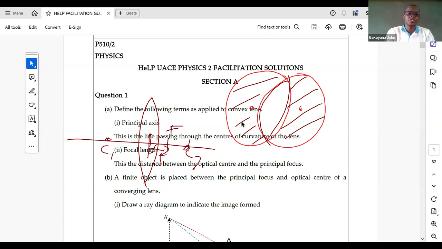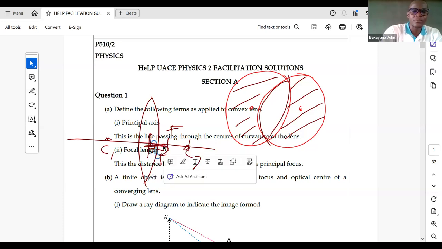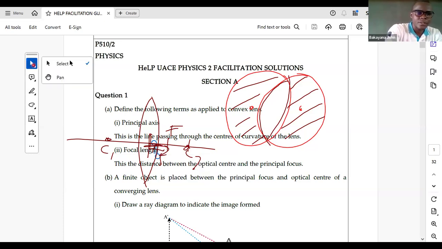That point is called the principal focus. So the distance from the optical center to the principal focus is called the focal length. This distance is also the same as the distance from the principal focus to the center of curvature. Is that okay?